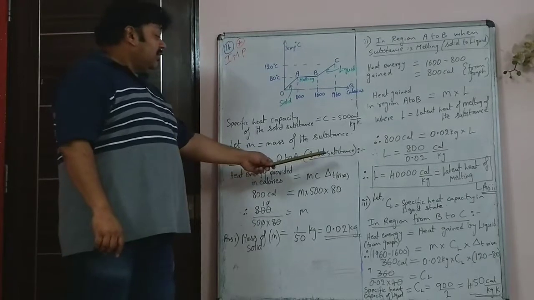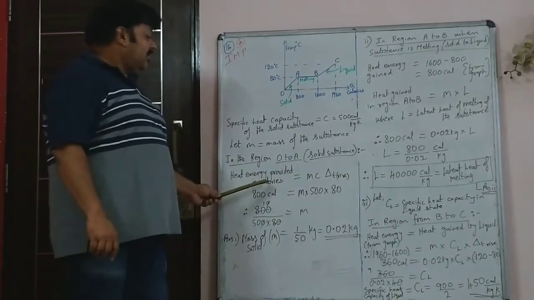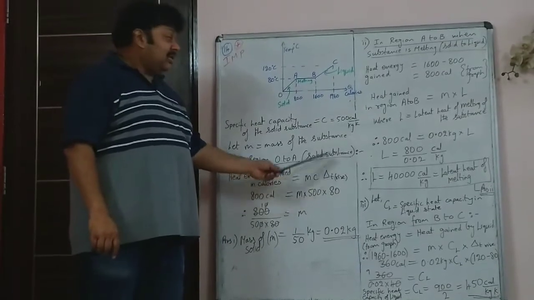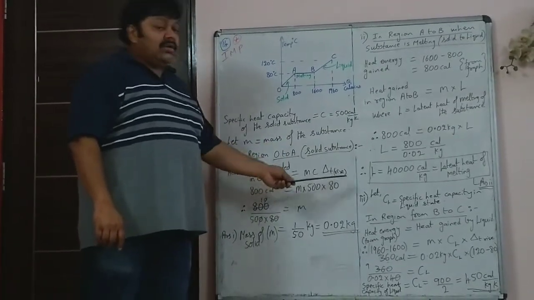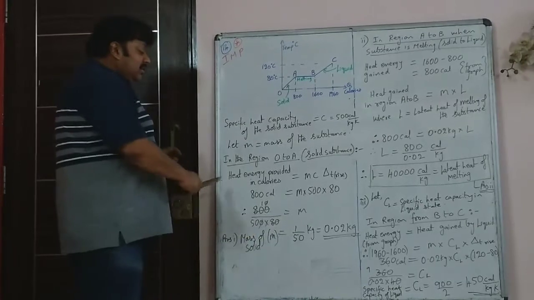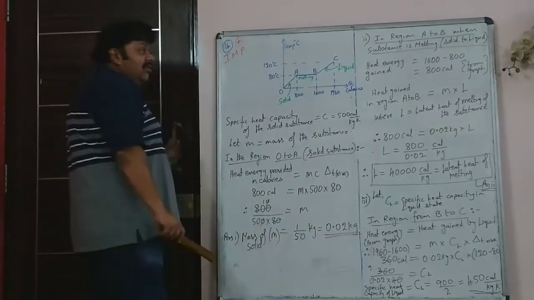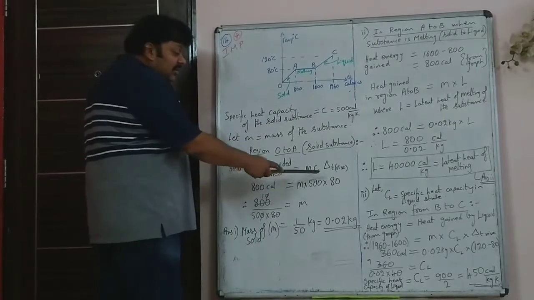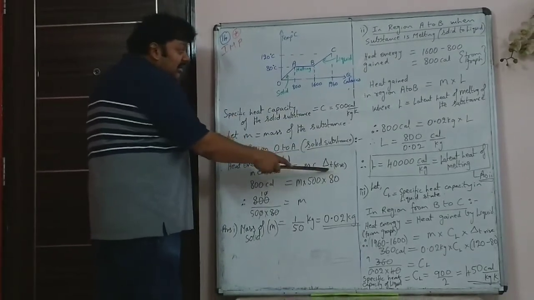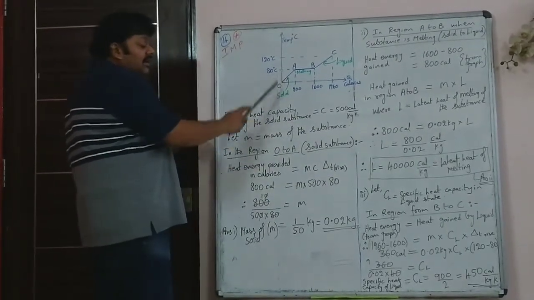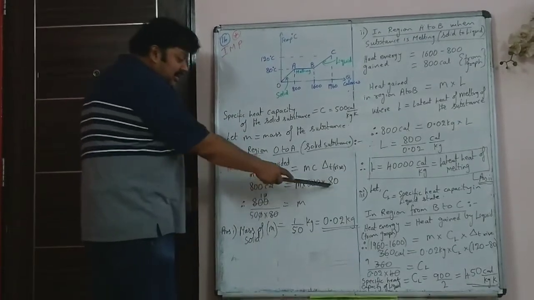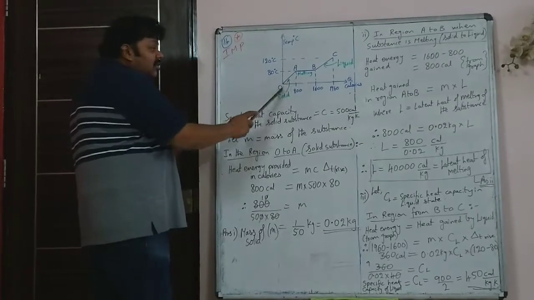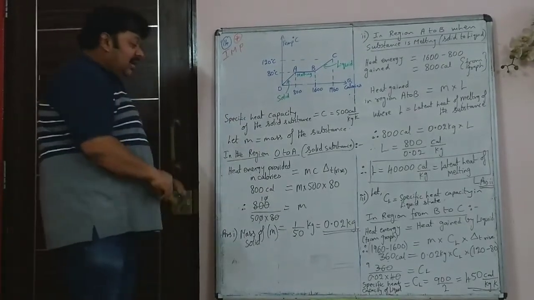So region 0 to A, solid substance, heat energy provided in calorie is equal to mass of substance, specific heat capacity of solid into rising temperature. This is the energy equation by law of conservation of energy. So here mass we have to find, C is given, rise in temperature is 0 to 80, that is 80 degree Celsius. And the heat energy in calorie in region 0 to A is 800 calorie.